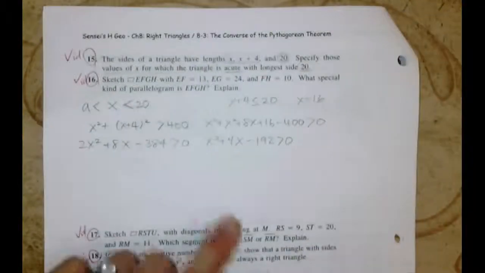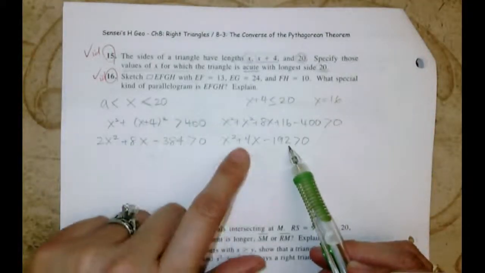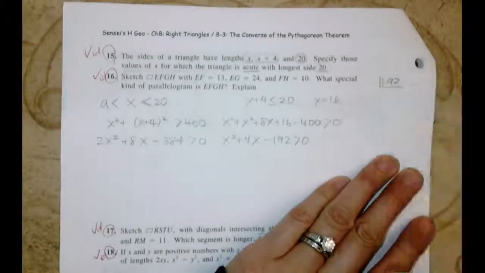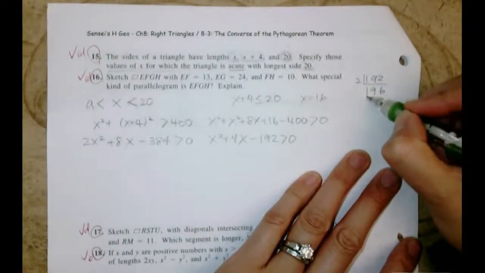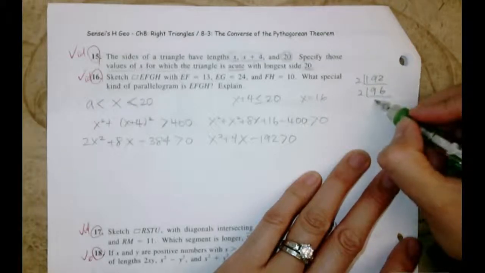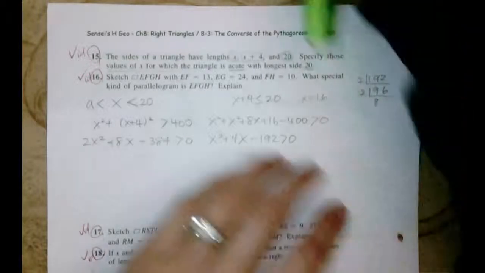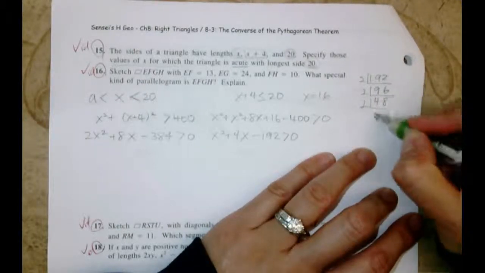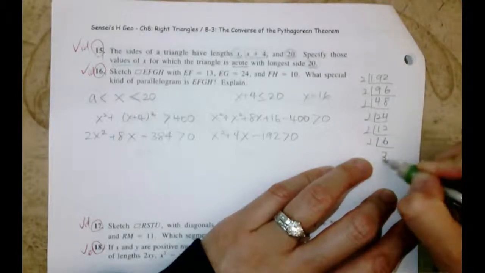Okay, now we are looking for the two numbers that multiply to 192 with a difference of 4. So let's use prime factorization. 192, 96, 48, 24, 12, 6, 2 and 3.